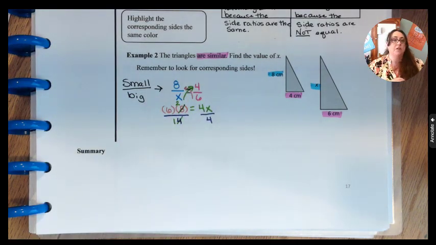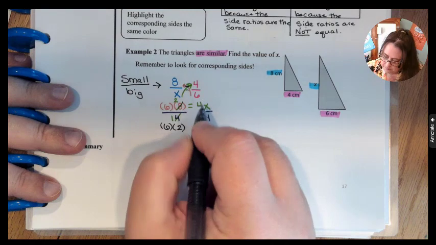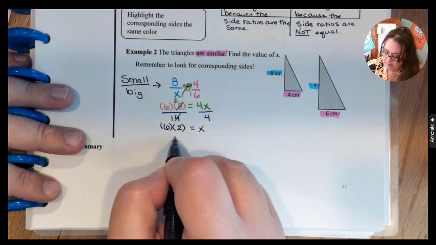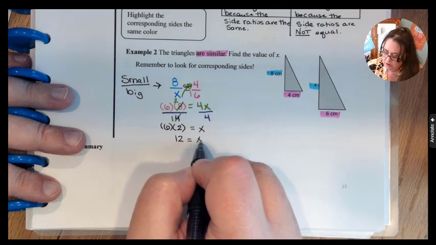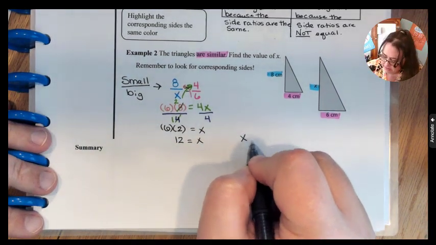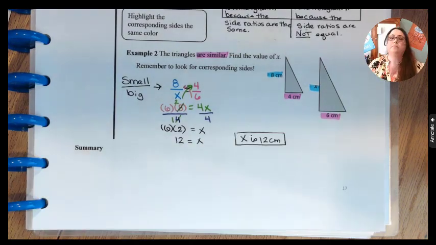This is just so I can avoid using a calculator and dealing with big numbers. Now I have 6 times 2, and 4 over 4 is 1. 6 times 2 is 12. So 12 is equal to X, which means X is 12 centimeters.